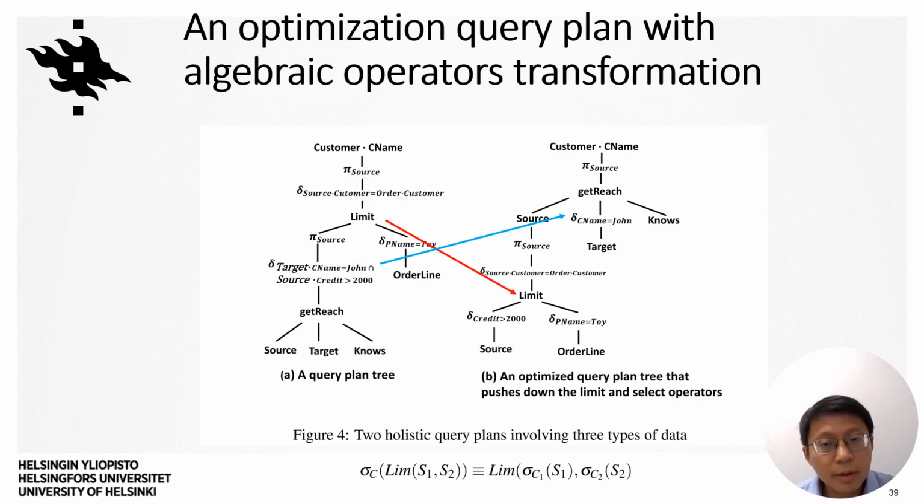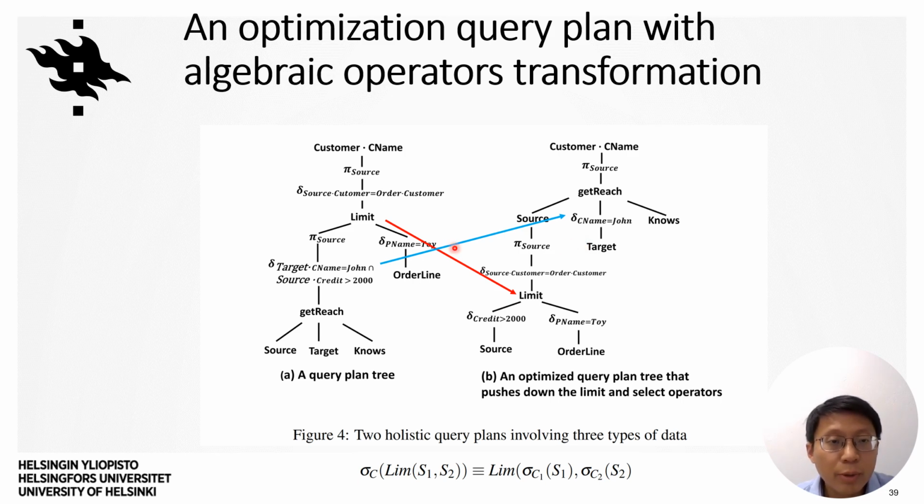In this example, I show two query plans which are equivalent. Based on the previous transformation rules, we can rewrite query plan 1 into query plan 2.